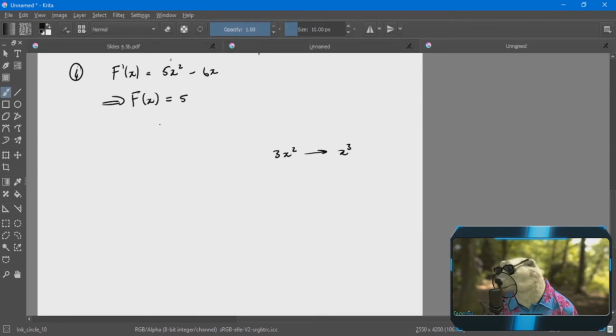I just leave the constant in front, and then I focus on the essence of the function, which is x squared. So x squared requires that it comes from x cubed, because the power rule is going to decrease that power of x by 1. That's the only way x squared can be obtained as a derivative answer.